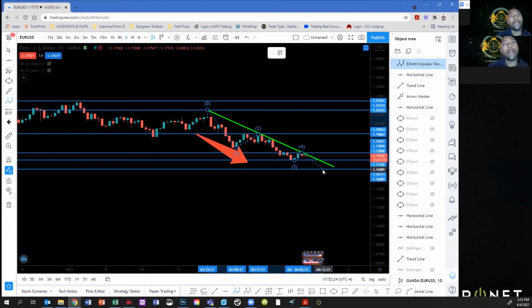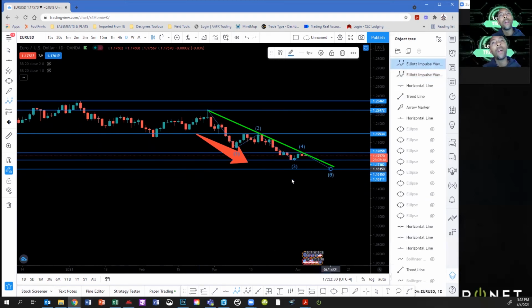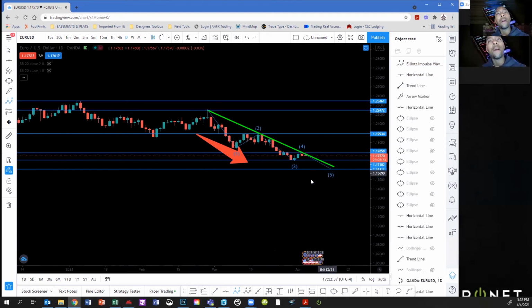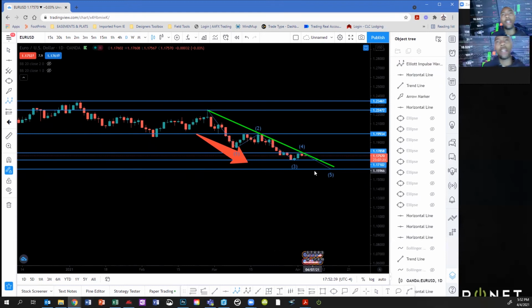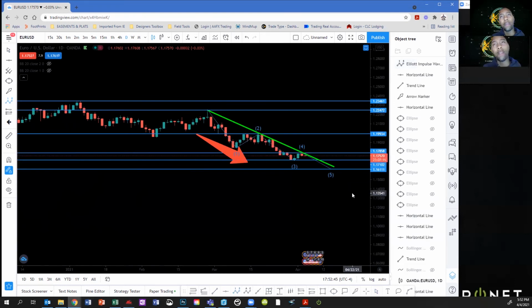And again, this market could potentially, if it breaks down past 1710, 1712, have the potential to drop down to about 1611. Okay, so let's take a look at this. Let's analyze.